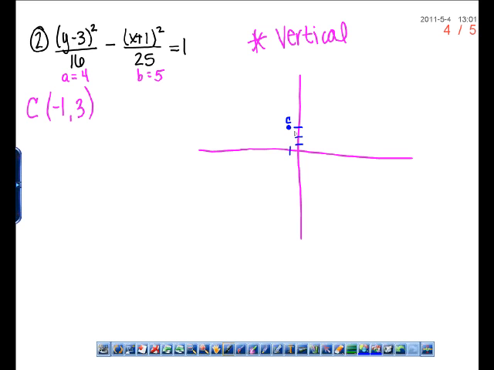What does A tell me I'm going to do? Go up and down 4. 1, 2, 3, 4. And what's located right there? That's a vertex. Good. And down 4.